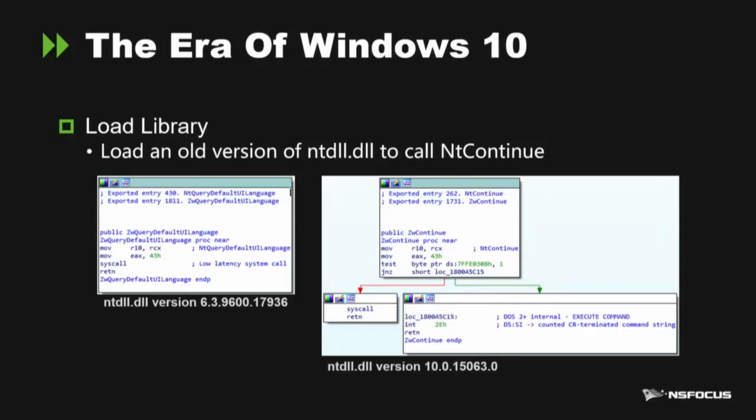The ID in the current system of NtContinue is the ID of another function in the older version of NTDLL. And that function can be a valid CFG target. So we can just load an older version and call that function. It actually does what NtContinue does. So we can use NtContinue to achieve arbitrary code execution.